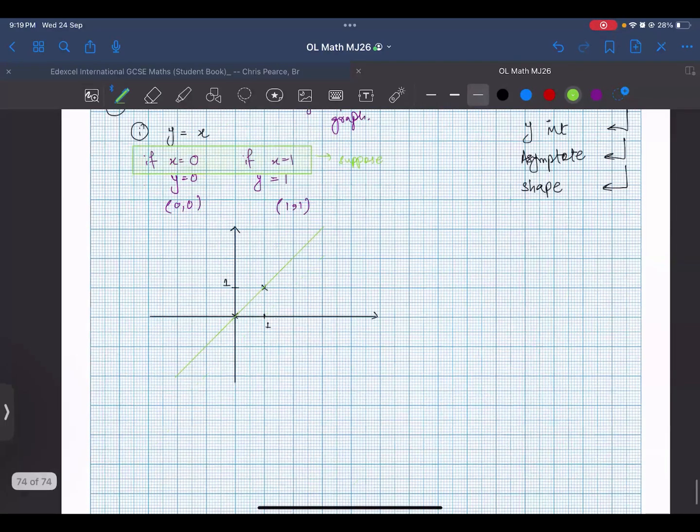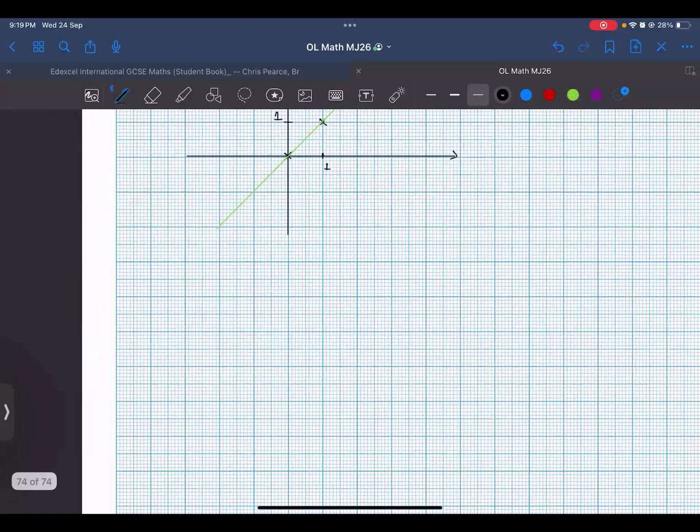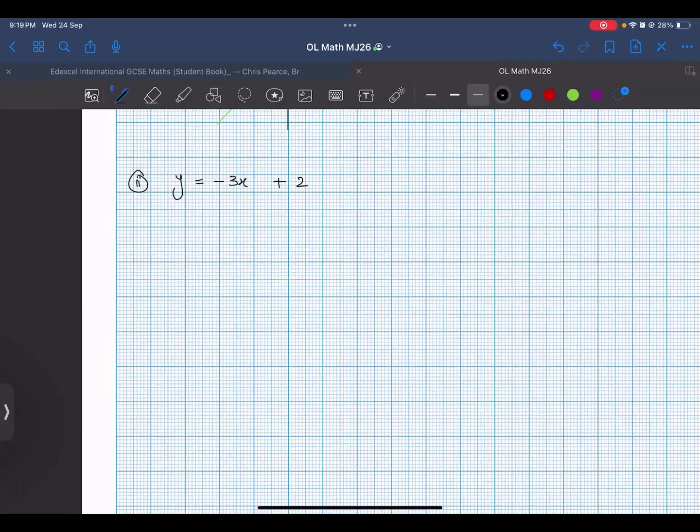Okay, I'll show you another example. Now this time I'll make it complicated. Let's suppose it is y is equals to minus 3x plus 2, something like this. Second equation. So again, you can choose any 2 points which are suitable, for which you can get very reasonable points. Let's suppose if x is 0. X is 0 is the easiest one to solve.